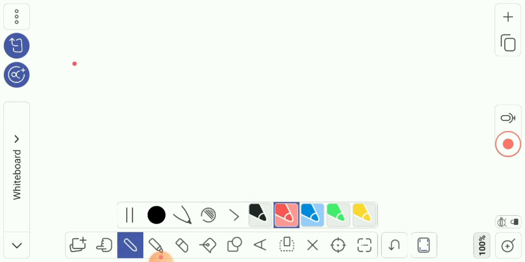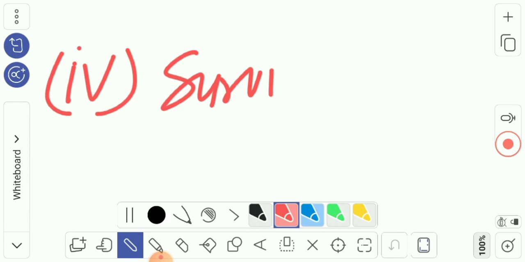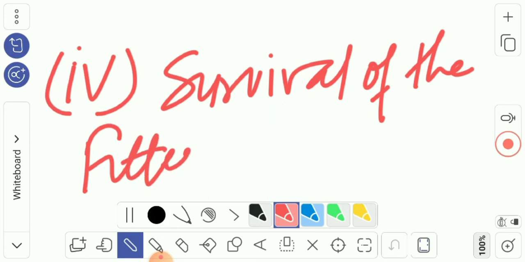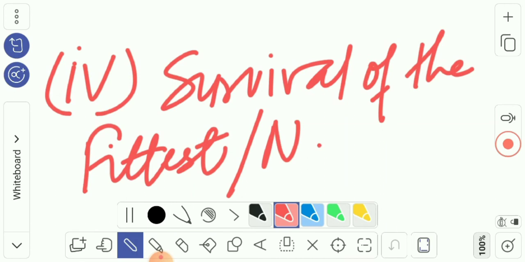Now the fourth main feature, this is an important one, which is survival of the fittest, or natural selection.